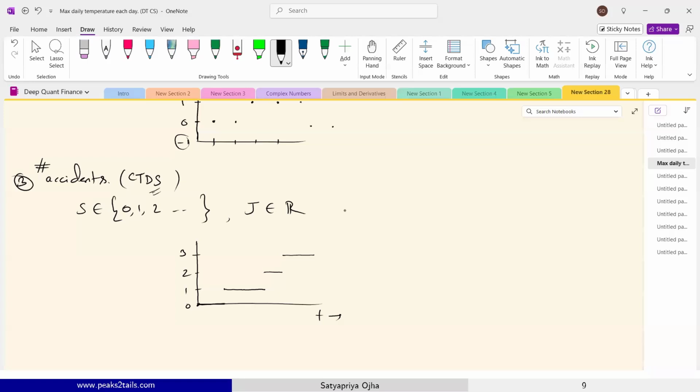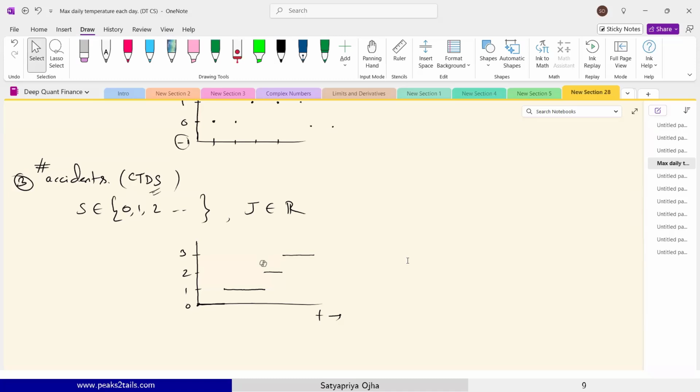Question from Rishabh: continuous time is not clear. Could you reply in the group so that everybody can look at your question? It's very simple, guys. This is common sense. When can an accident happen? Tell me. Is it any time or only after, let's say, the weekend? Anytime, right?